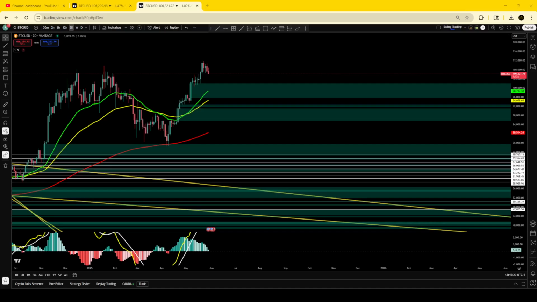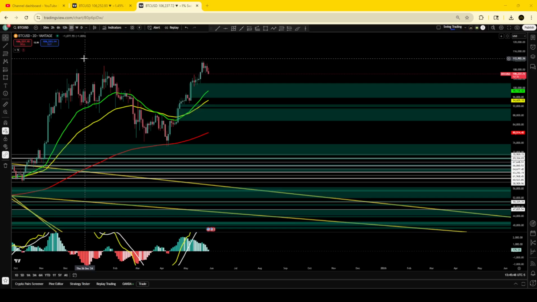Let's say you are working on the 2 day, and right below the 2 day is the 12 hour. Let's say on the 2 day you have bullish confirmation, and then you scroll down to the 12 hour, and you have bearish confirmation. That's not confluence.